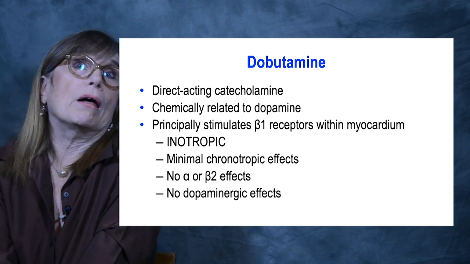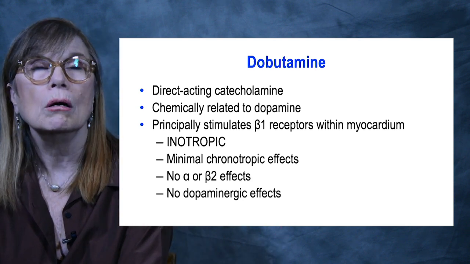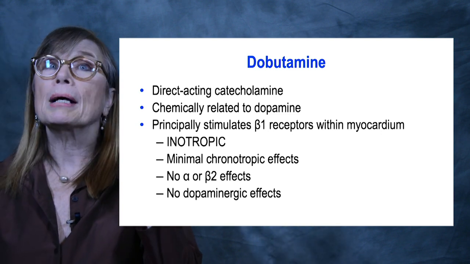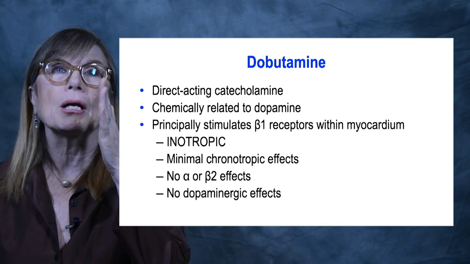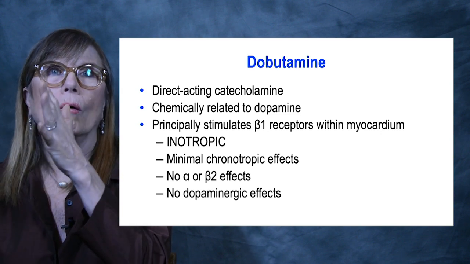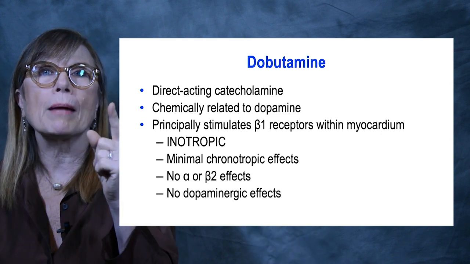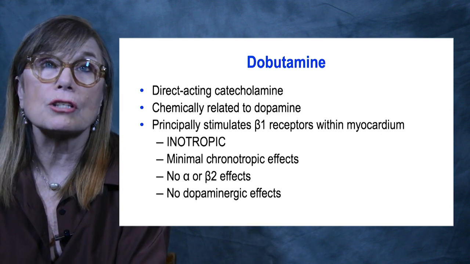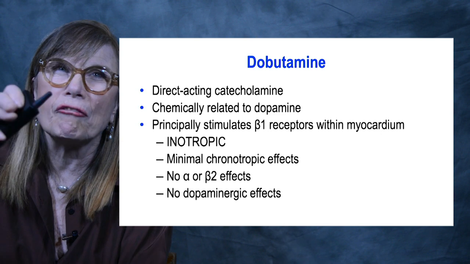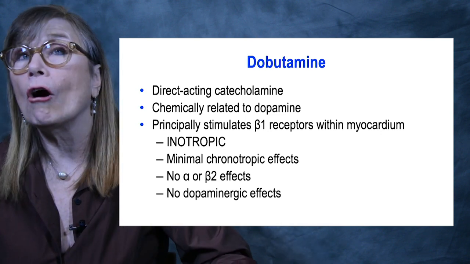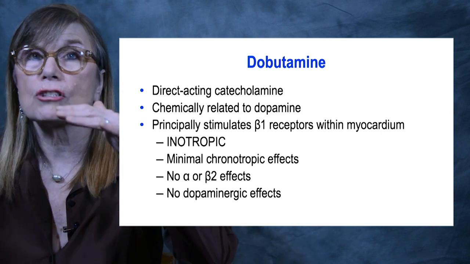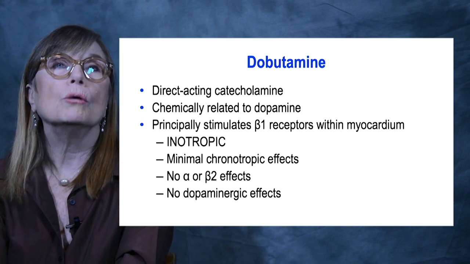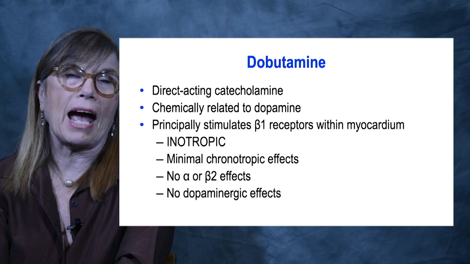Now we're going to move to the inotrope that I happen to adore, and that's dobutamine. This is a directly acting catecholamine, chemically related to dopamine, except that it has pure beta-1 stimulation, primarily and profoundly inotropic. At lower levels of dobutamine, less than 5 in a non-heart failure population, you will see minimal chronotropic effects.